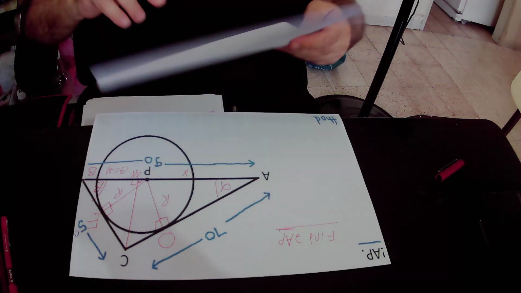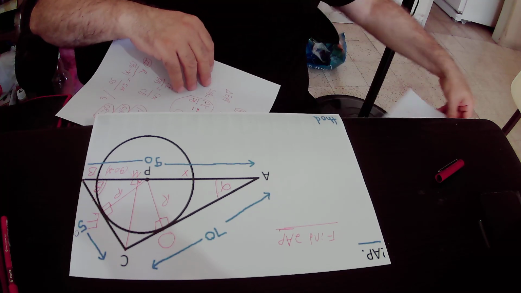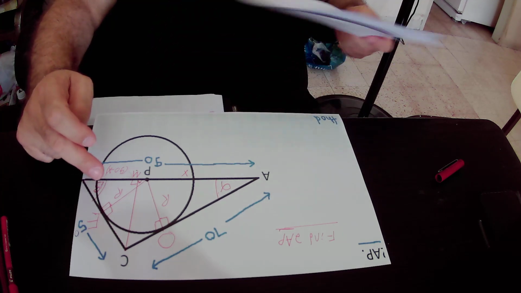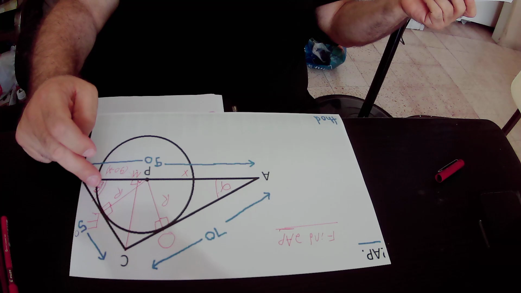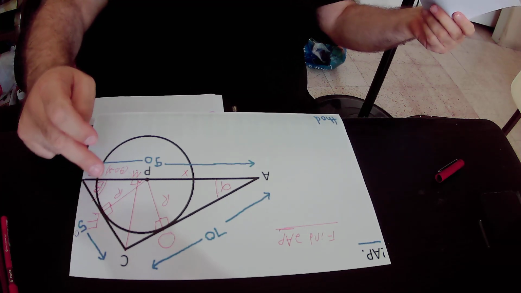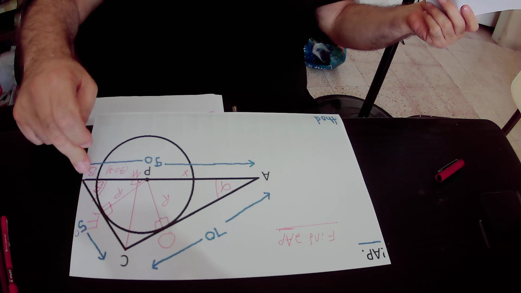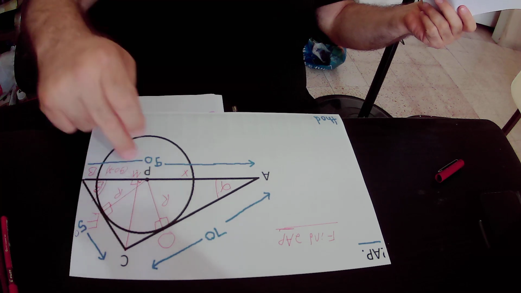Okay, and then we did the same thing at this side of the triangle for sine beta. We focused on the right triangle PEB, and also on the right triangle CMB.